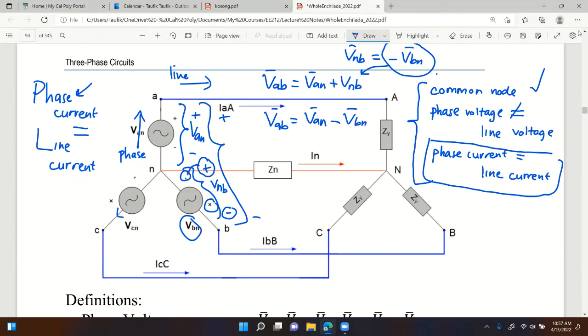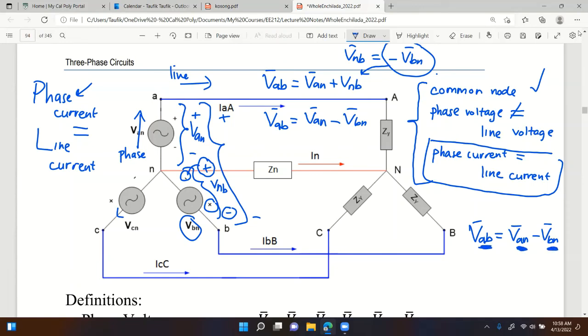So now I know from that simple derivation, as I said, math is easy here. VAB is equal to VAN minus VBN. You can see now I can relate line-to-line voltage with phase voltages.